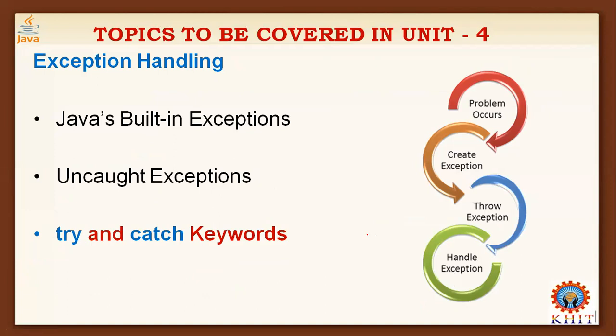To avoid those abnormal terminations of the programs, we must handle the exceptions generated by our program. We know that the exception handling mechanism contains 5 keywords. With the help of those 5 keywords, we can handle the exceptions in our programs. The first are the try and catch keywords.